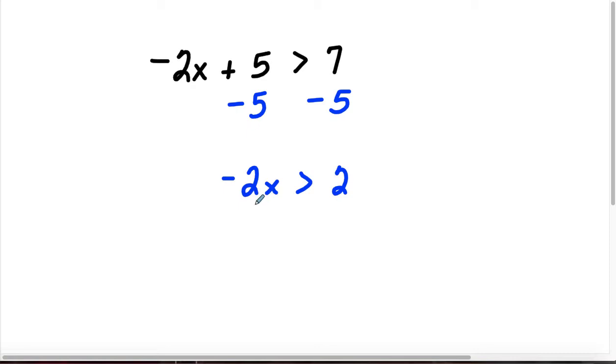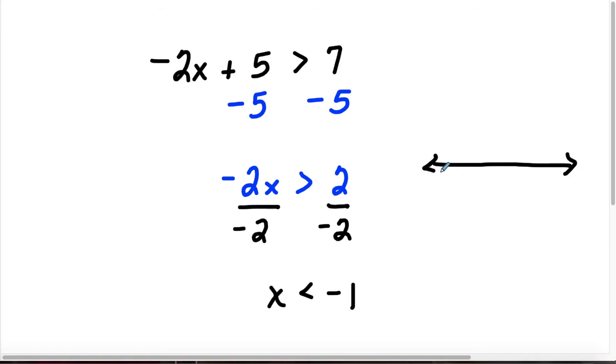All right, but now when I divide, I'm dividing both sides by a negative. So I actually have to remember to flip the inequality sign. Anytime you multiply or divide by a negative, you have to flip the inequality sign. So now we've made x less than -1. So here's 0, here's -1. I want x is less than -1.